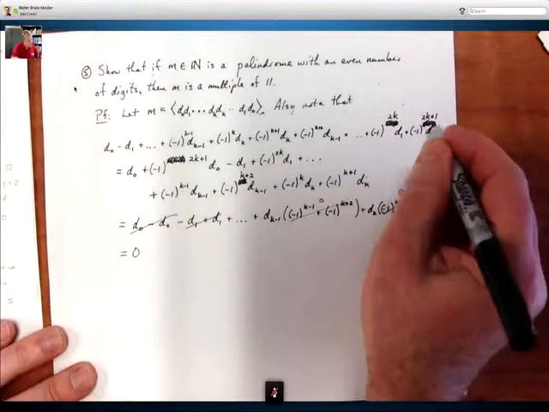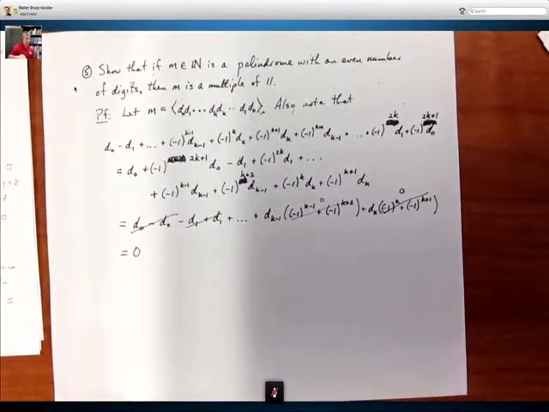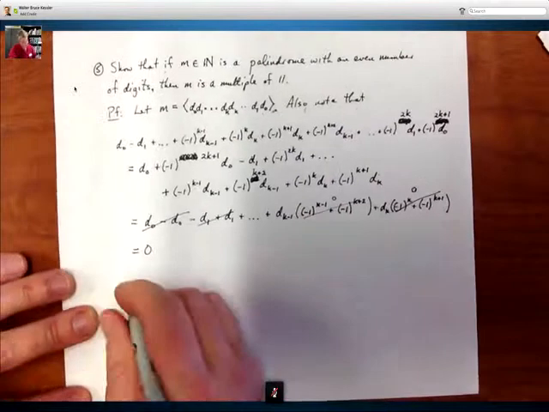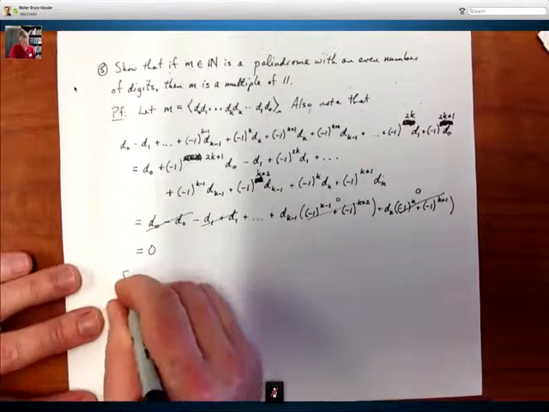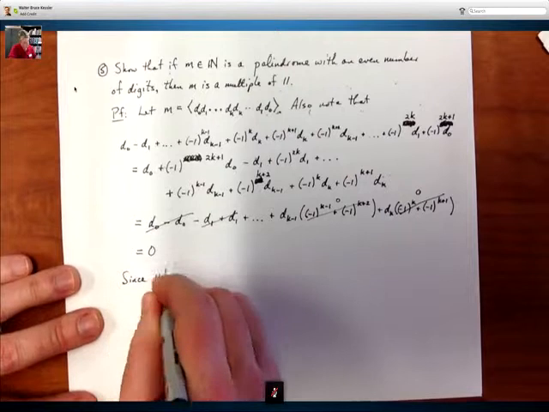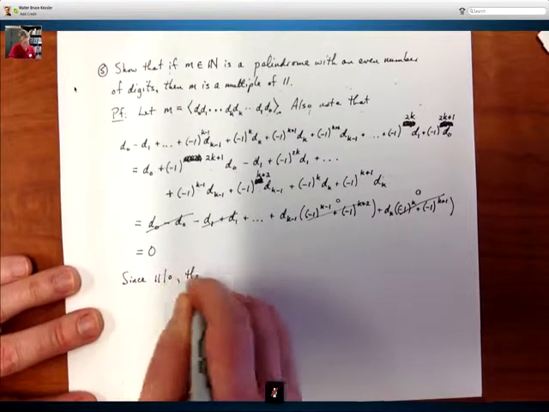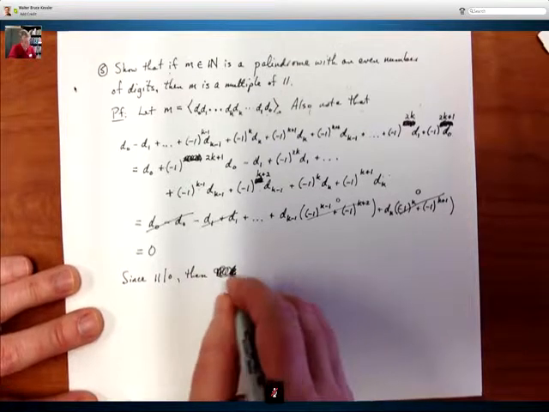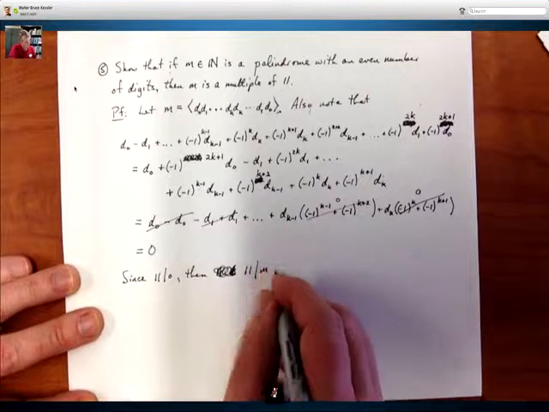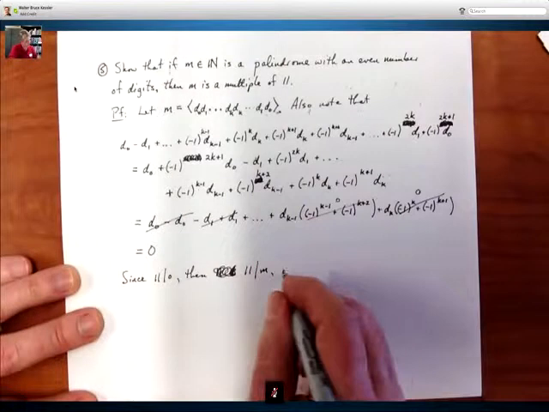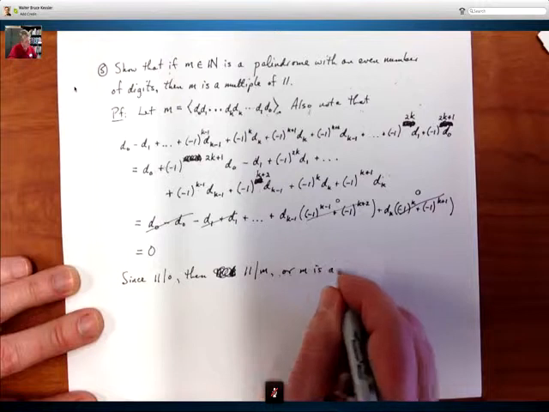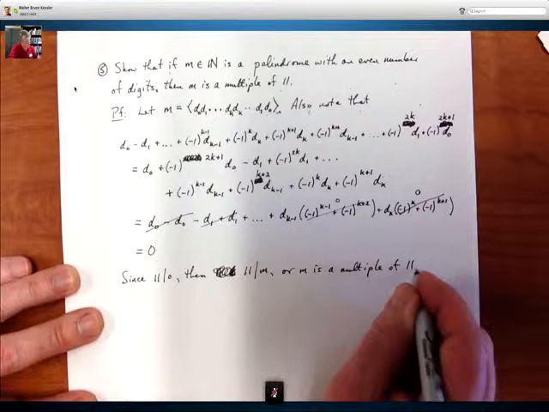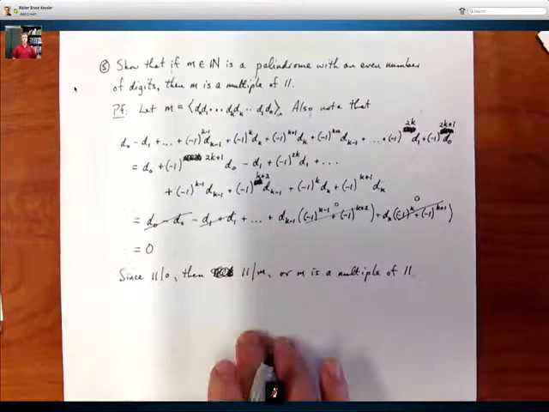And I'm sorry I fumbled so badly with this. I had it straight in my head for a little while, and then for some reason it left me when I was writing it out. Well, 11 divides that, right? Then 11 divides m, or to say it the way they said it, m is a multiple of 11.